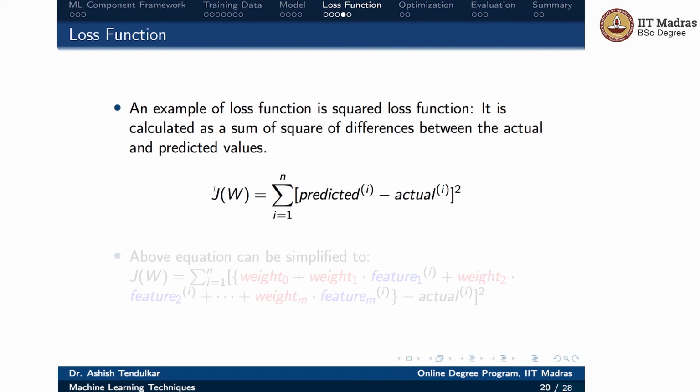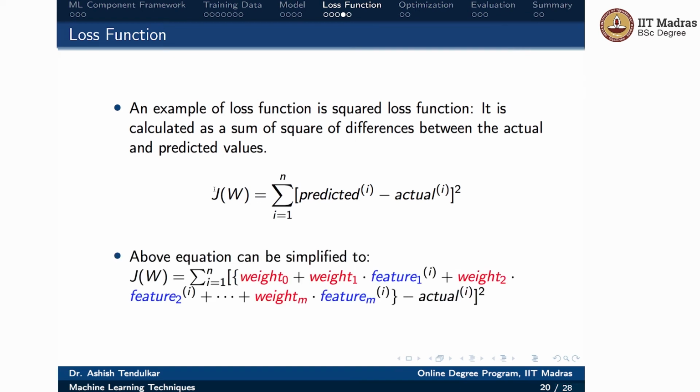Okay, and now we can simplify this equation by substituting the formula for predicted from the linear model that we saw in the earlier slide. So we are substituting the formula for the predicted value with the linear model here, and you can again note that this is feature 1 for the ith example, feature 2 for the ith example, and this feature m for the ith example.